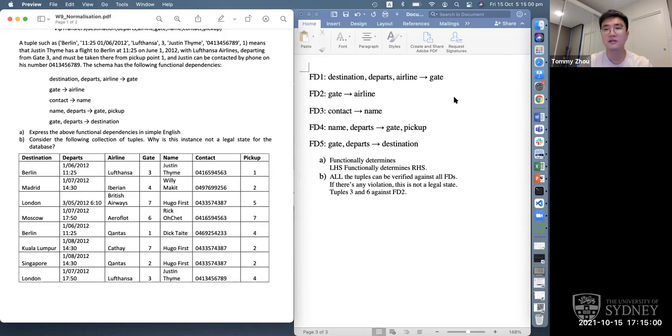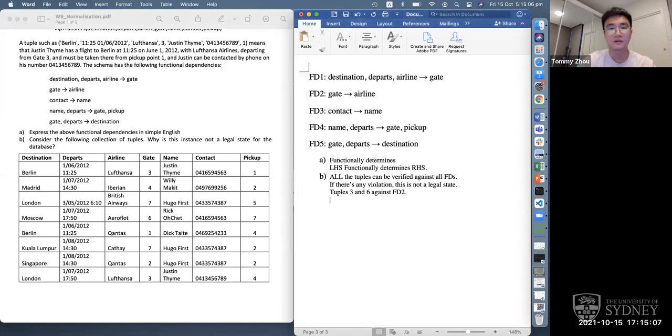So this is a violation against FD3, right? So this is the second violation. Tuples 1 and 4 against FD3. Right? Okay, next one, tuples 6 and 7, as I can see in the chat.